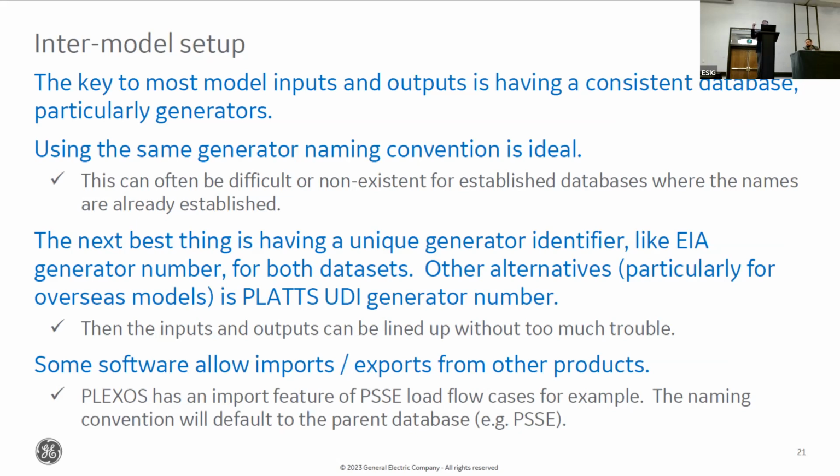Both of those data sets will have a specific number attached to that generator. If we're using different models, or if we have clients that are using a different data set but are also using that numeric identifier, then it's a lot easier to do this type of analysis.